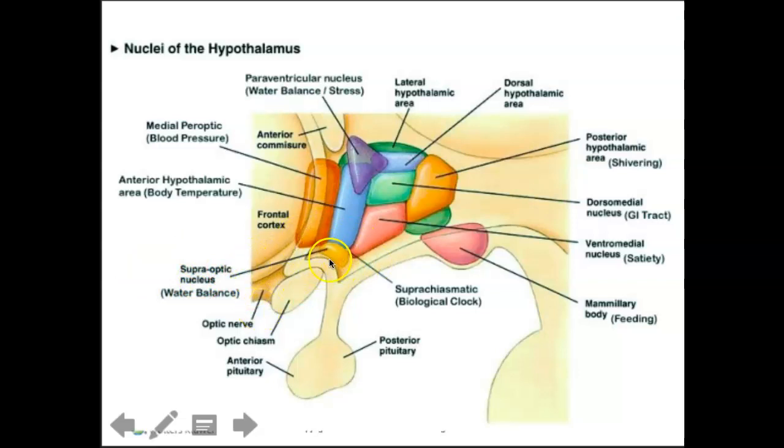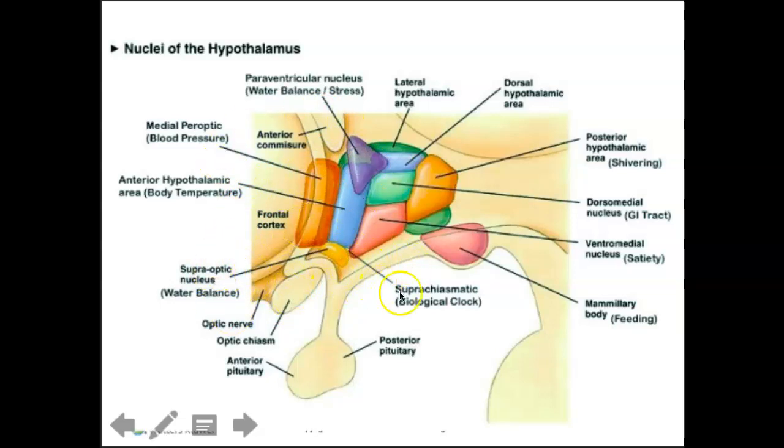So this is called supraoptic because it sits right directly over the optic nerve. There's also a suprachiasmatic nucleus right here, which sits directly above the optic chiasm. Okay, so this drawing is not entirely accurate. You just remember that this would lean forward just a little bit more in an actual living brain.